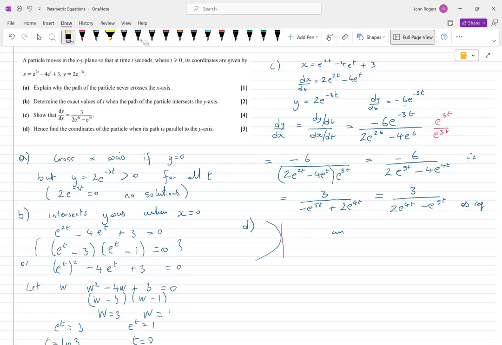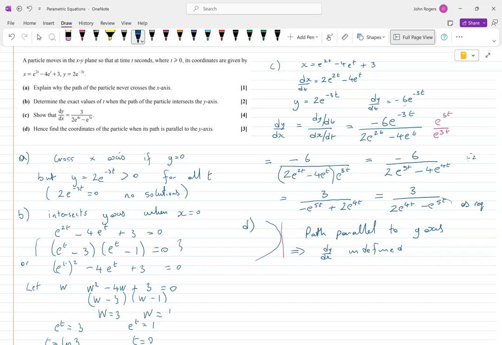So if the path is parallel to the y-axis, that basically implies dy by dx is undefined, infinite if you like, or division by 0.